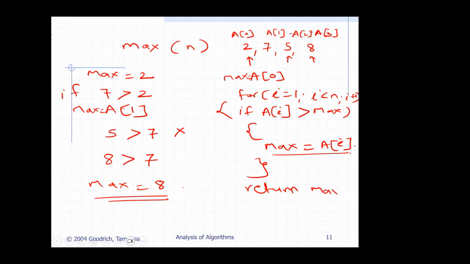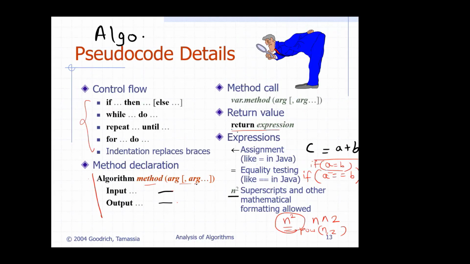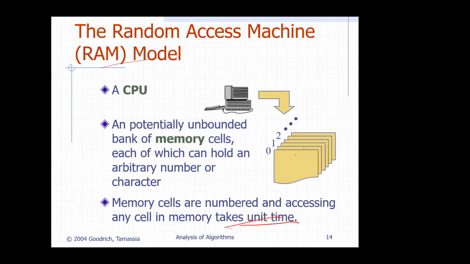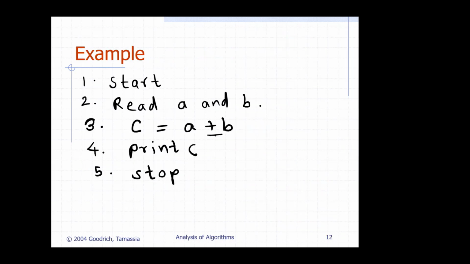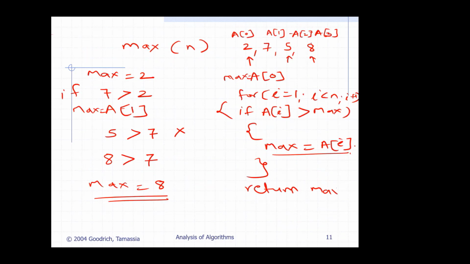So when we have to analyze this, they are saying that if you are accessing the CPU, we are going to assume that every access to the memory cells will take unit time. So 1 unit is taken whenever you access that. So here, if we are accessing, let's say, A of 0, we will access it and then we will assign it to max.